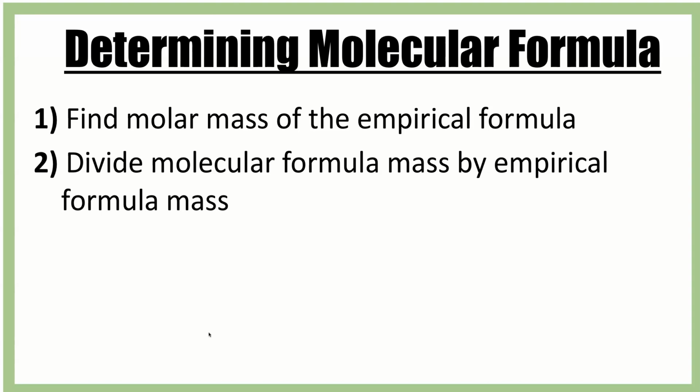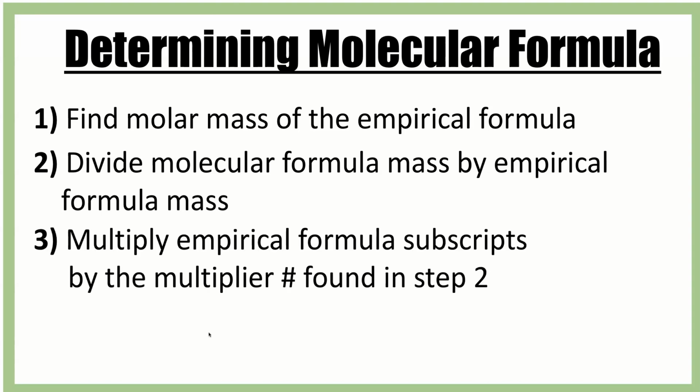Makes life easy. You're given one number, you find the empirical formula mass, and you divide by it, and that will give you a factor. Once you take this factor or multiplier, you're going to multiply your empirical formula subscripts by this multiplier.